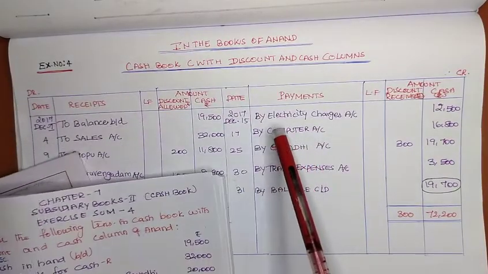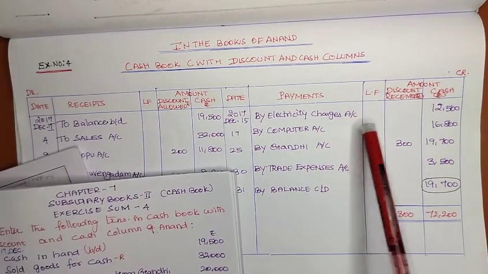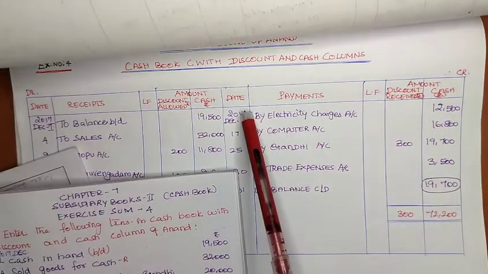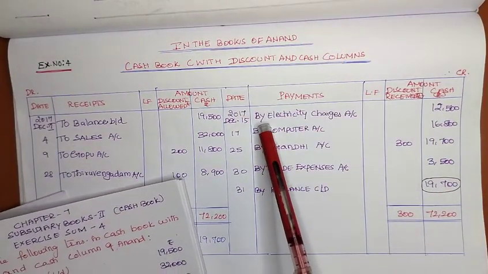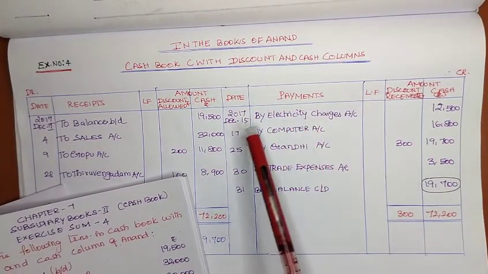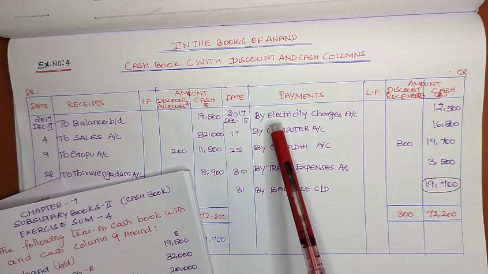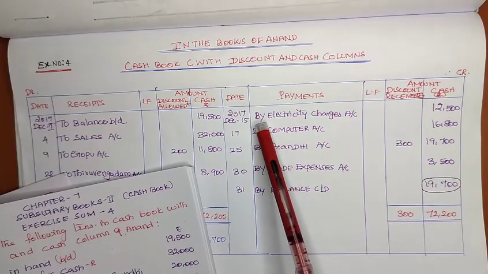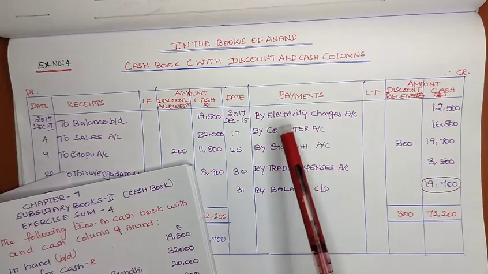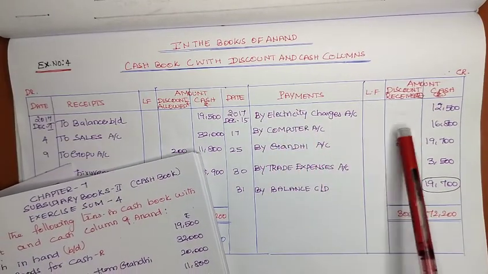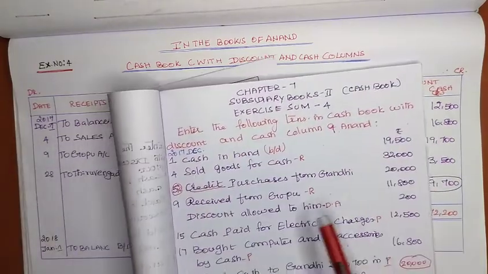So you write By electricity charges account 12,500. You always start with the word By on the credit side. You made a payment for electricity charges, so you write electricity charges account 12,500.